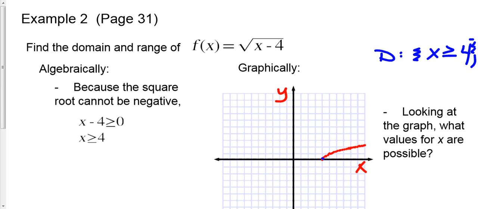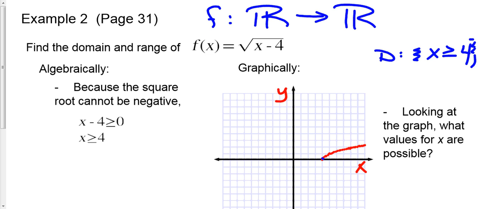Until told otherwise, we're always going to define our functions as having a domain in the reals, and the range is going to be in the reals. So it's going to take a real number and produce a real number.